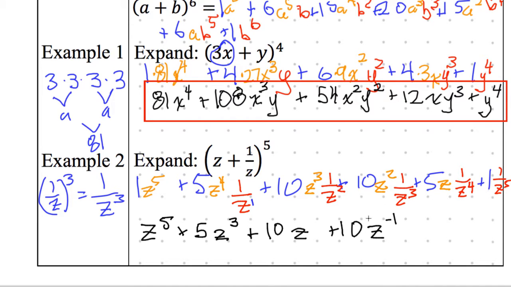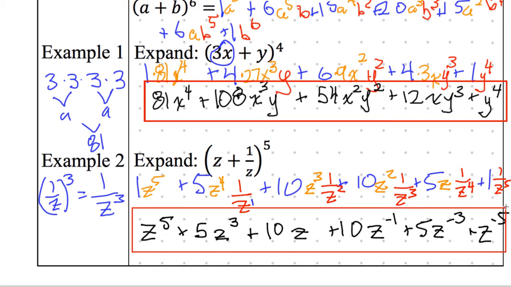You can keep it in either form. I like it this way so there are no fractions. And then plus 5 times z to the power of negative 3, since 1 minus 4 is negative 3. And then finally plus z to the power of negative 5. There's my final answer, and I have my rectangle tool so I can just box it.